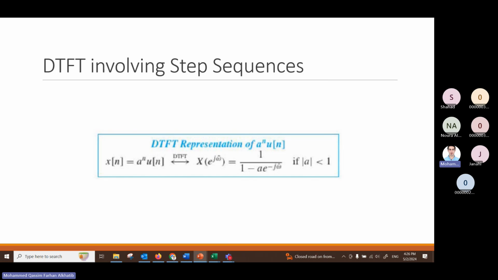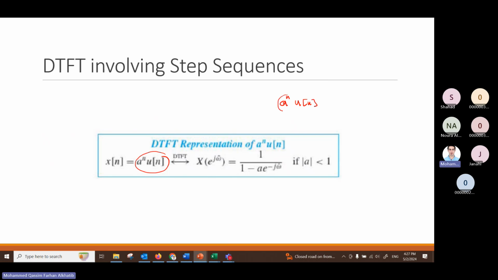Now, when you have a step sequence, what do you mean by a step sequence? You have a unit step function multiplied by a set of coefficients. So the DTFT for this one, assume you have a to the power n, u of n.